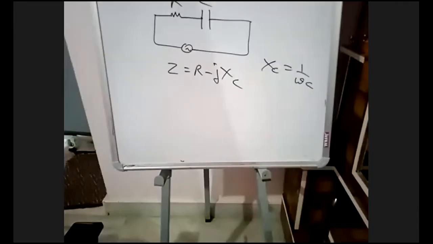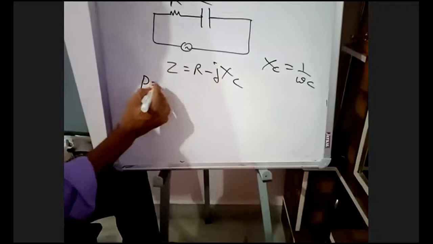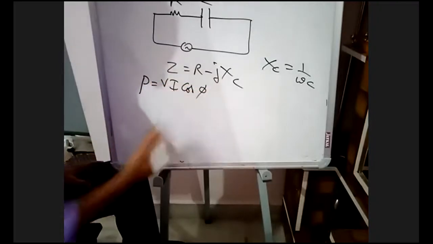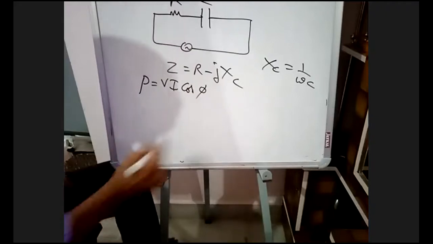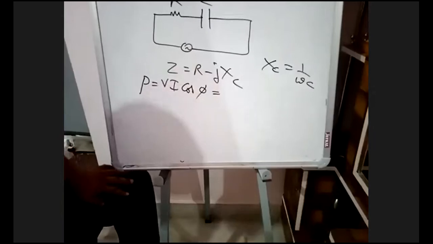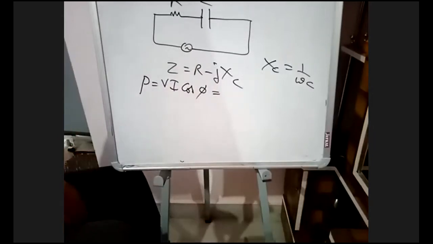Now see here, active and reactive power. Your active power P is equal to VI cos phi. What is V given in the problem? 100 volts.